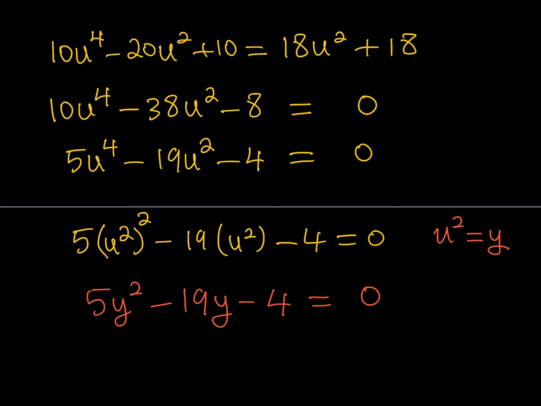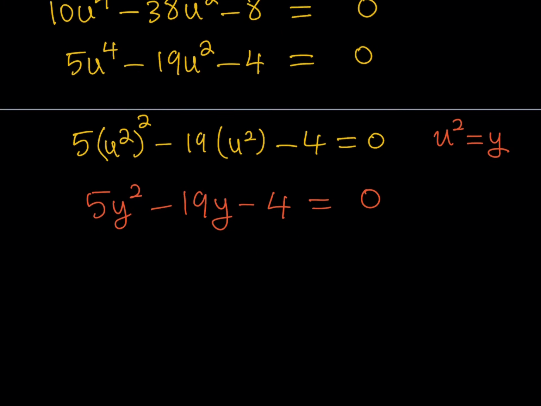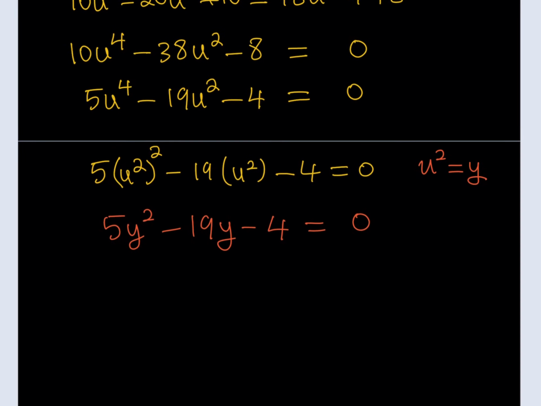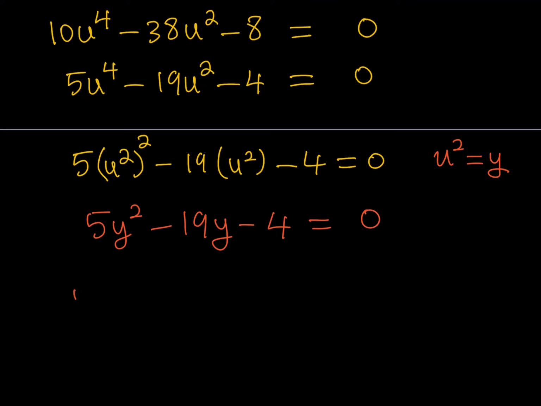Okay, all right, cool. So what are we going to do with this equation? You can try factoring it, and it's factorable, but I'm going to use the quadratic formula. Why? Because I like it better. If you use the quadratic formula, this is going to look like y = −b, which is 19, ± the square root of b², which is 361.